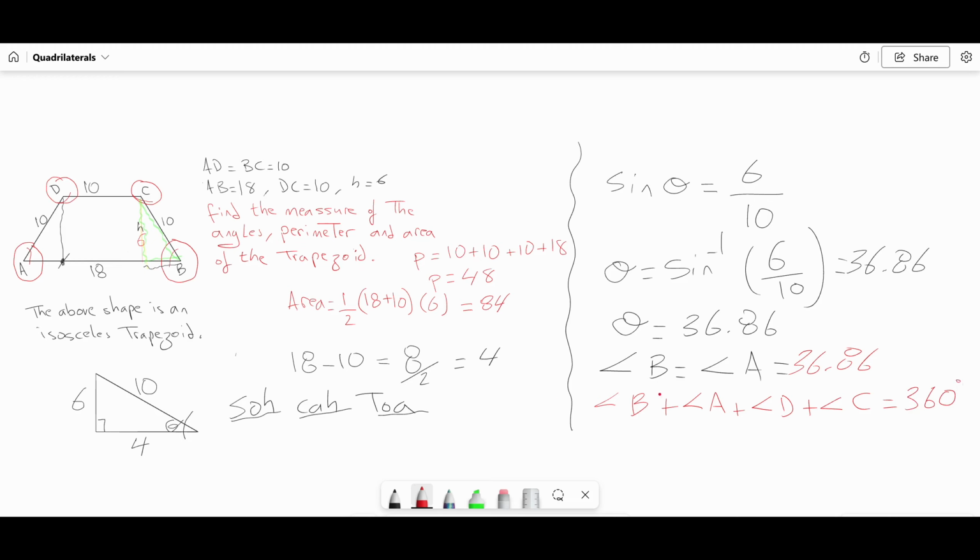Now we have angle B and angle A, and we know that 36.86 plus 36.86 is equal to how much? 36.86 times 2. This is equal to 73.72.